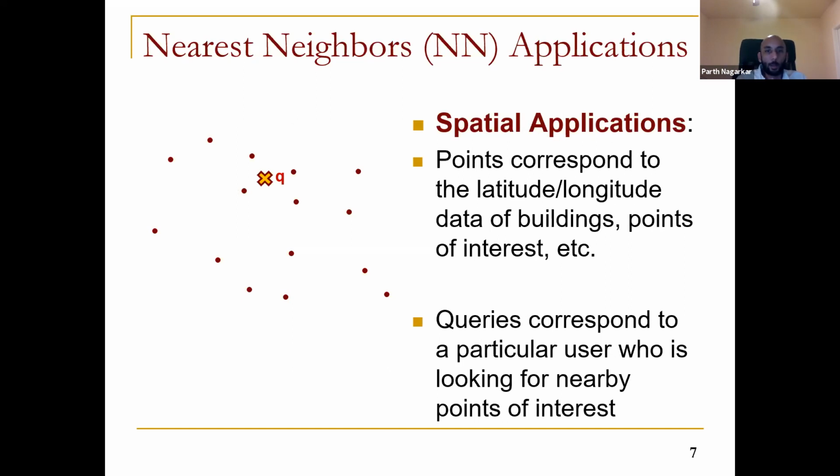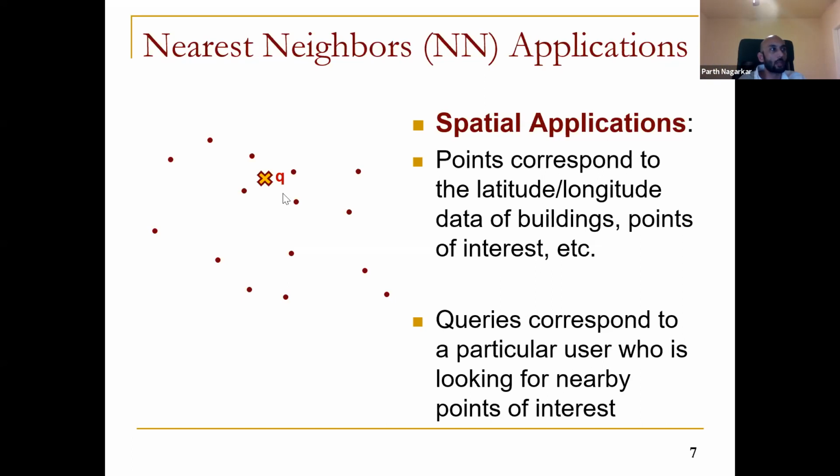One common application that many of us use while using our GPS, Google Maps and different map applications, is spatial applications. Think about these points in your database corresponding to the latitude, longitude data of buildings or points of interest. And the queries correspond to a particular user who is looking for nearby points of interest.